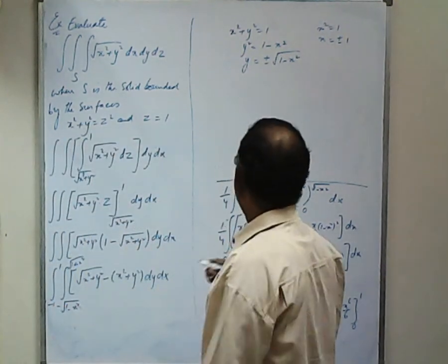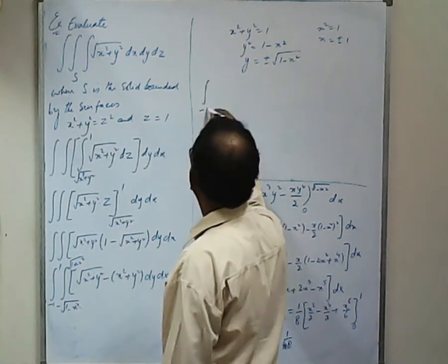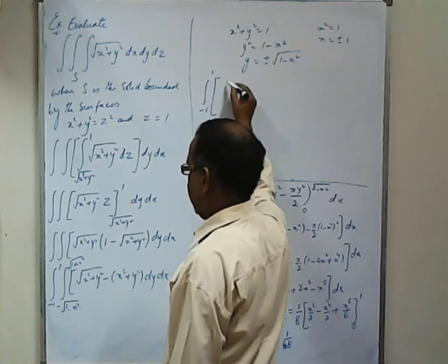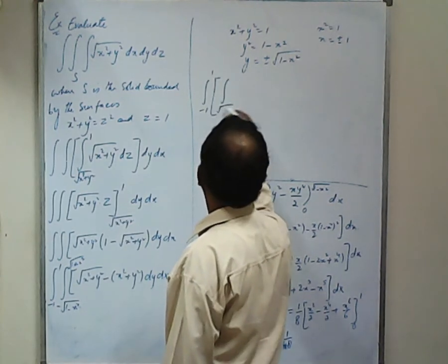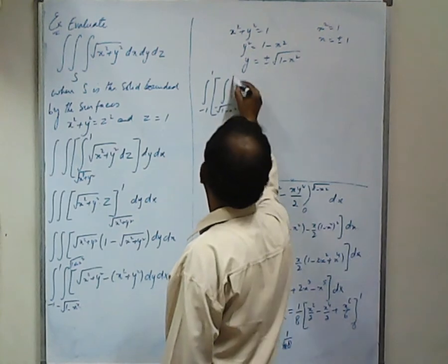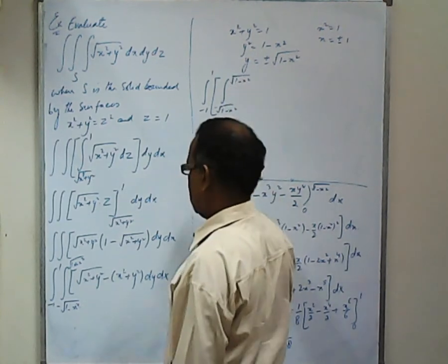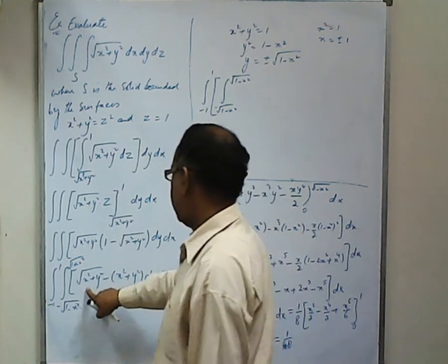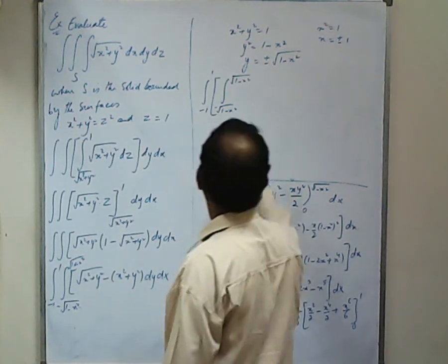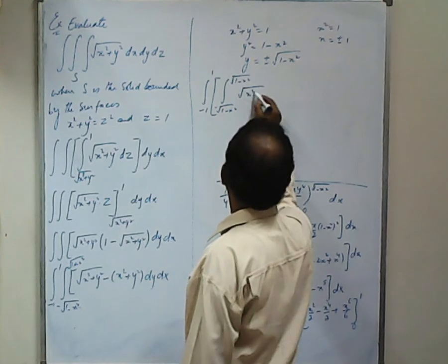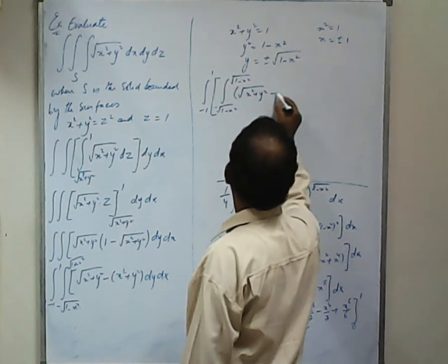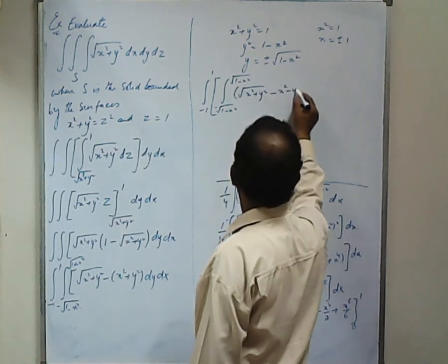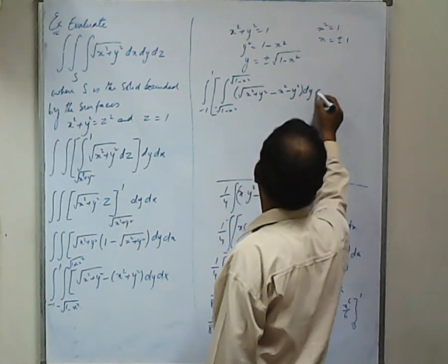I am just telling you this is minus 1 to 1, and then under root 1 minus x square minus and under root 1 minus x square plus. What will be the outcome of this one? Under root x square plus y square minus x square minus y square, dy dx.